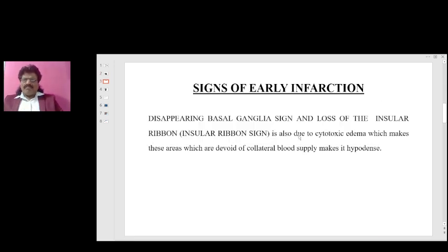The other two important signs of early infarction are the disappearing basal ganglia sign and the loss of insular ribbon, or insular ribbon sign. The basal ganglia and insular ribbon generally appear slightly hyperdense.